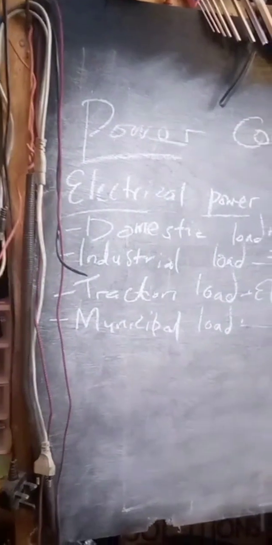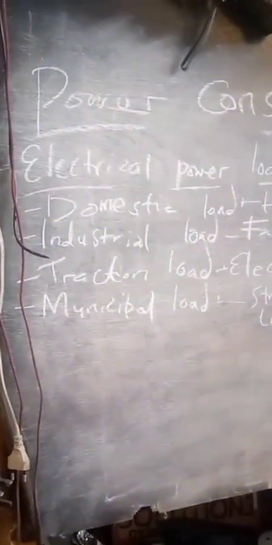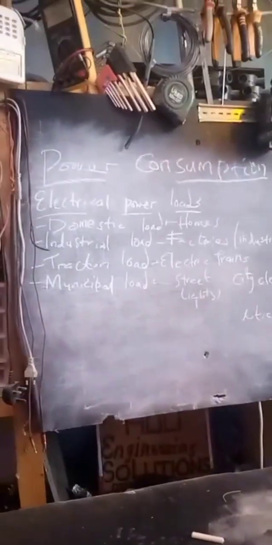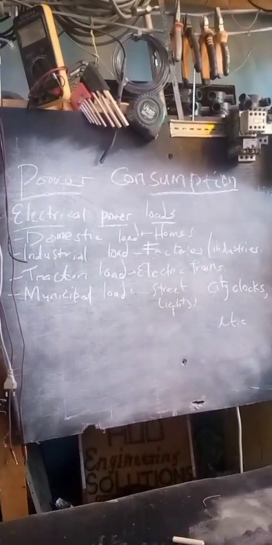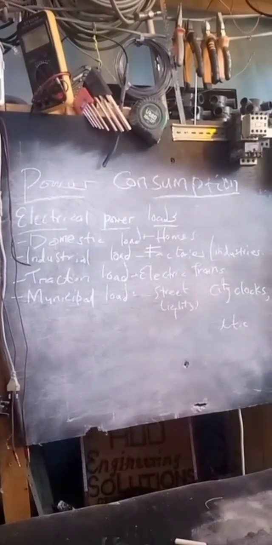Now at least I'll show you how we can determine how much load is being used and how much bill should be paid from these consumptions. So we can go to billing.